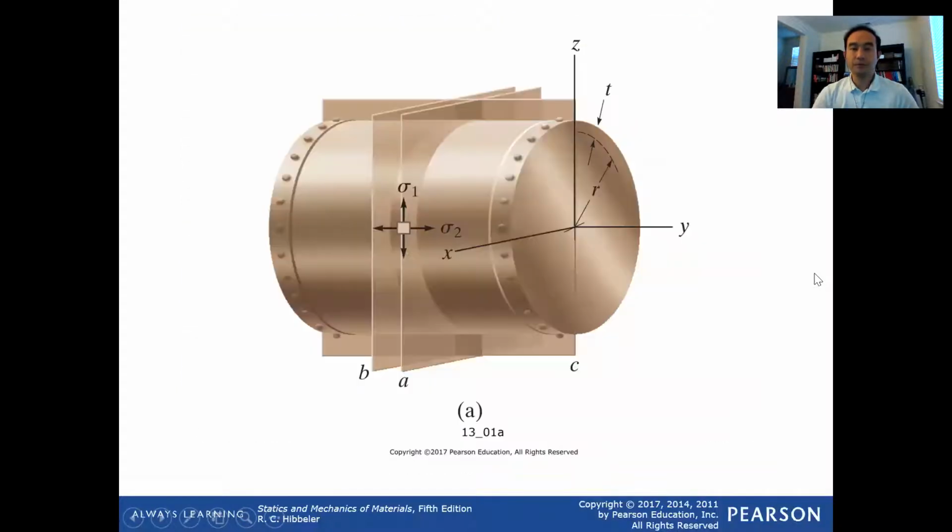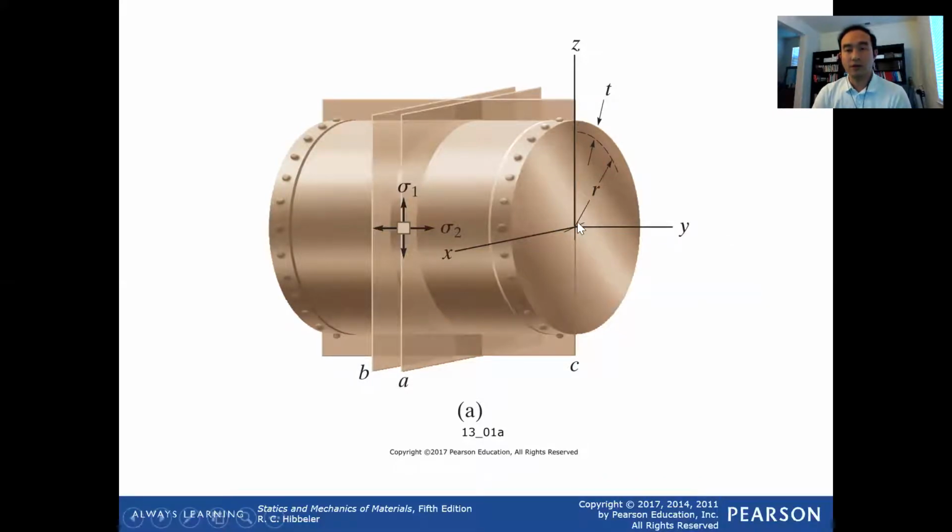So we have two different stresses, one along the length of the cylinder, okay? The other one is the normal stress on this side, along the perimeter of the vessel, okay?